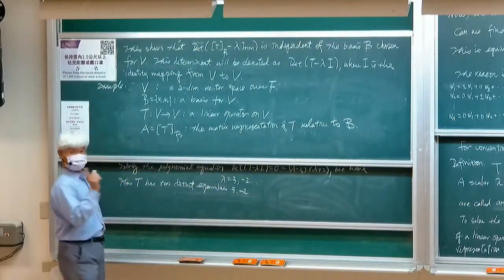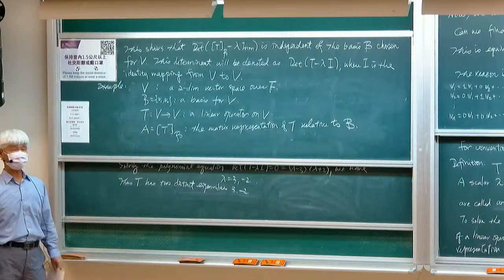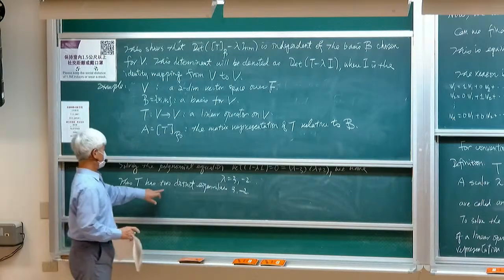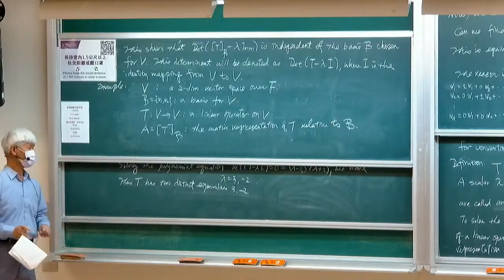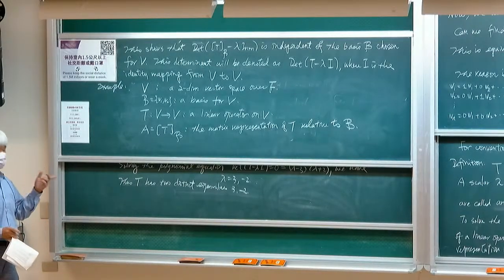All right, so this is the first step. We already know that the eigenvalues of T are 3 or minus 2.